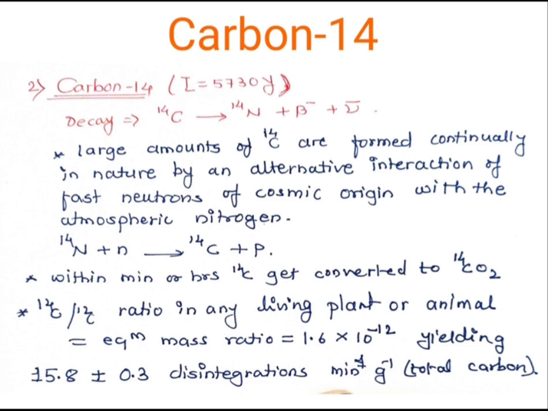So in living organisms, plants or animals, the ratio of carbon 14 to carbon 12 is nearly equal to 1.6 into 10 raised to minus 12. And how many disintegrations will occur in 1 minute for 1 gram of the sample? Around 15.8 plus minus 0.3 disintegrations. So this is the reaction of the carbon.